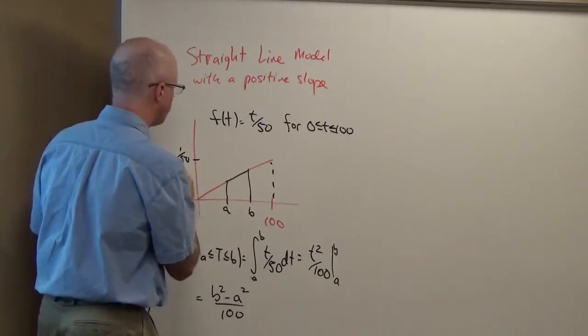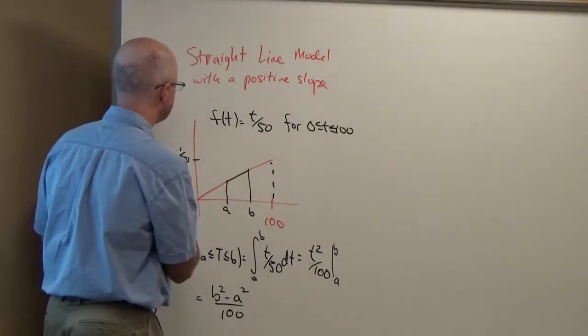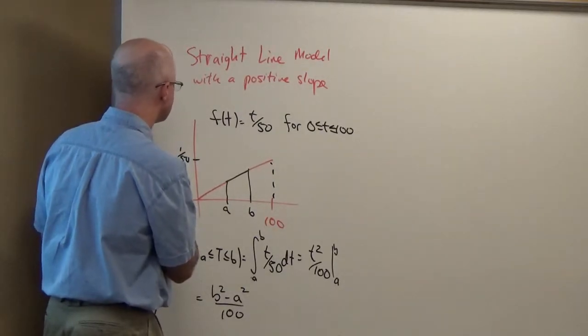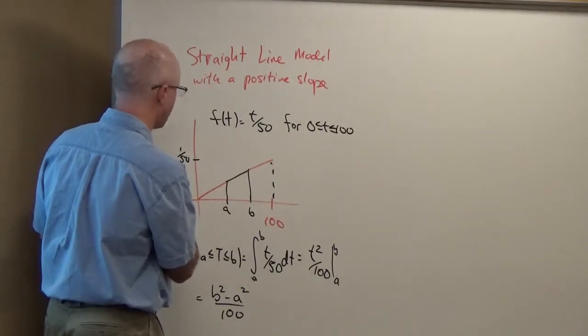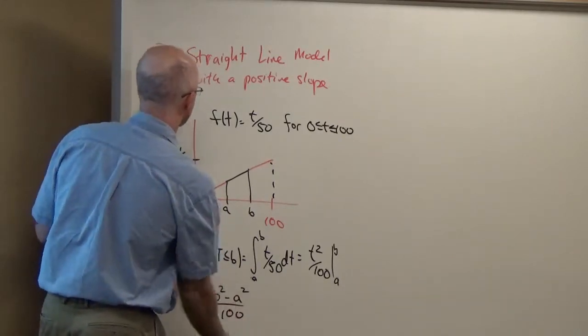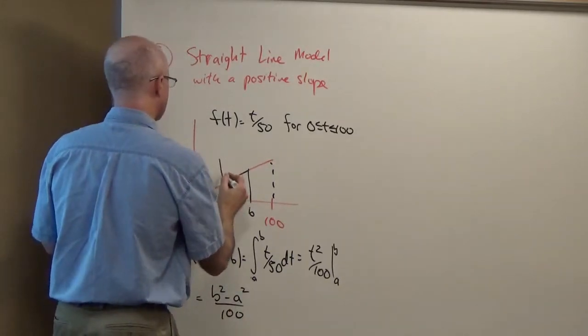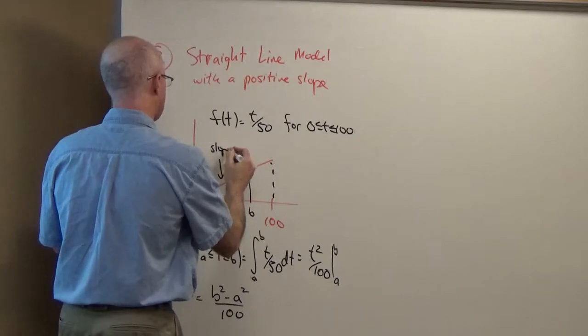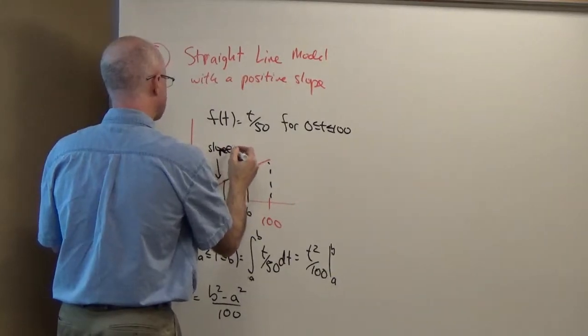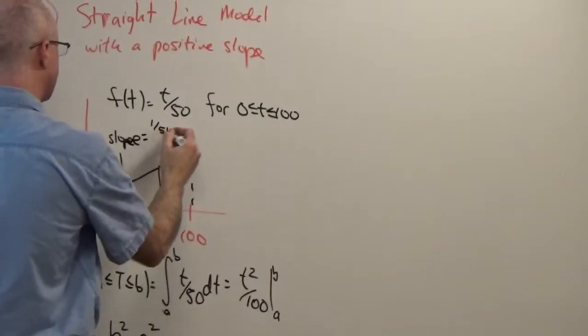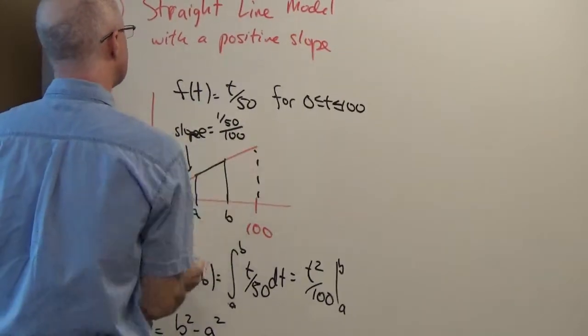I want it to be at 1/50th when t is 100. I was thinking the slope was 1/50th, but that was my mistake. The slope, rise over run, is going to be 1/50th divided by 100.